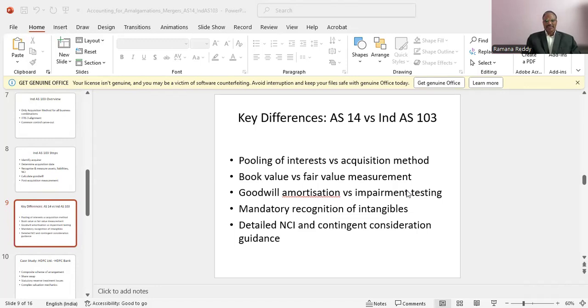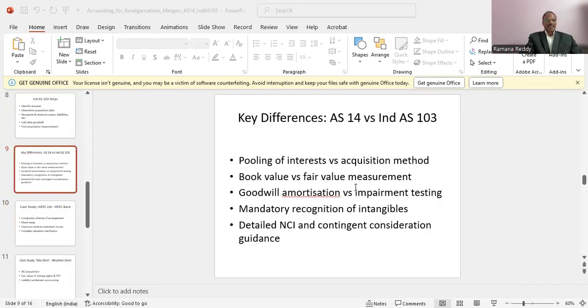Goodwill is impairment tested, not amortized. More guidance on contingent consideration, restructuring cost, and step acquisitions. These are the differences. Once again, I'll explain the differences.